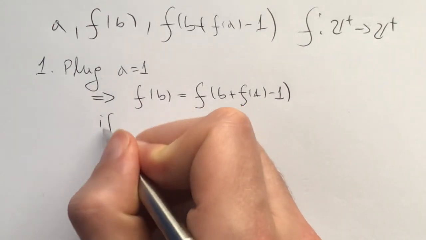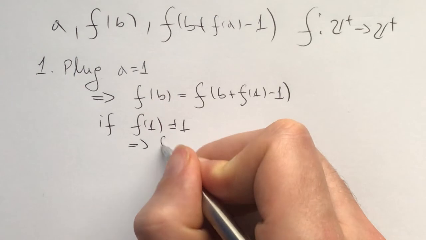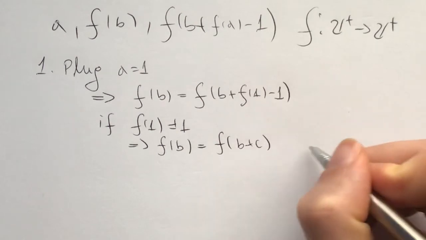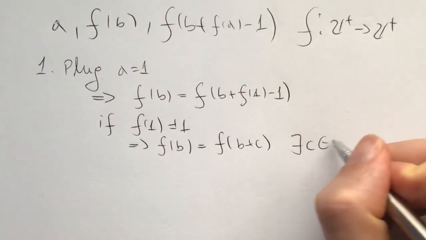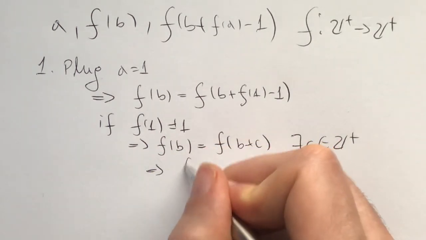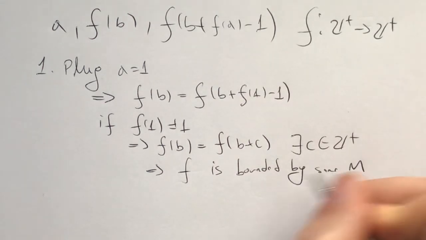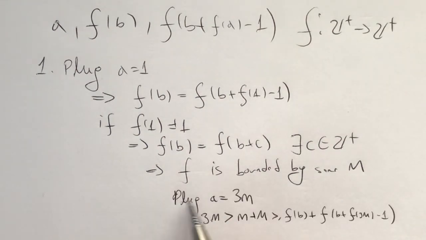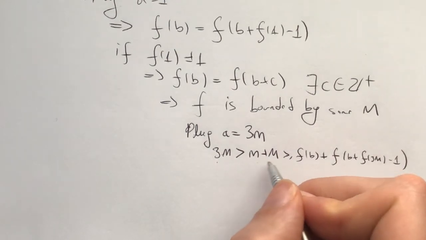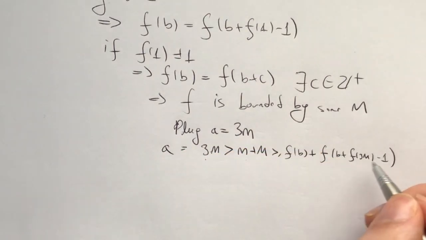And from here we said if f of 1 is not equal to 1, then it follows that f of b is equal to f of b plus c for some c that's a positive integer, which implies that the function f is bounded by some m, which implies a contradiction, plugging in a equals 3m, which will give us 3m greater than m plus 2m, which is greater than f of b plus f of b plus f of 3m minus 1.